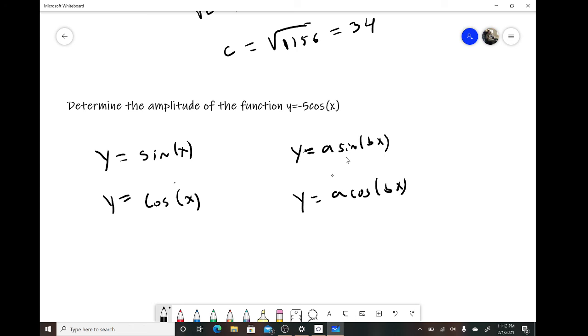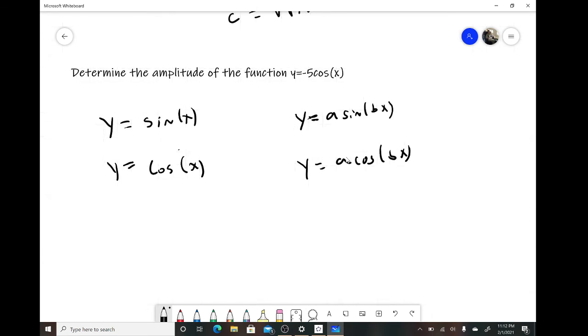Here a is the amplitude, b is related to the period. Here we're asked to find the amplitude of the function. So since we're dealing with cosine, we see that the amplitude is -5. Now, something that you need to definitely know is what the basic parent functions for sine and cosine are.